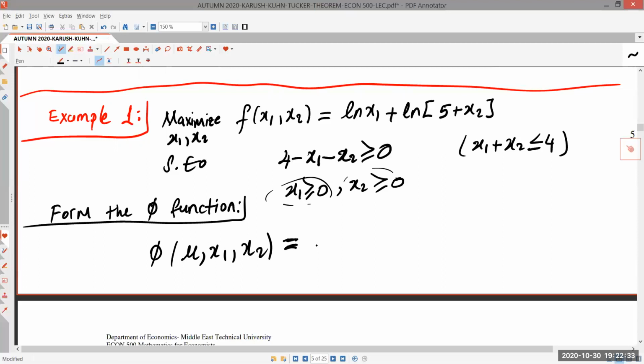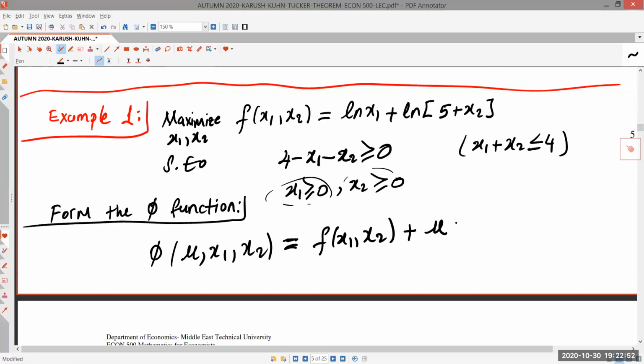So here, this phi function: write first the objective function. Basically, it is this one, f of x1, x2. Then there is mu, basically the dual variable, and this is the g function.